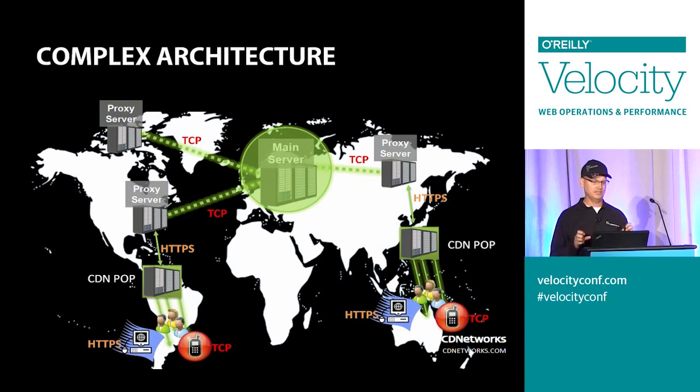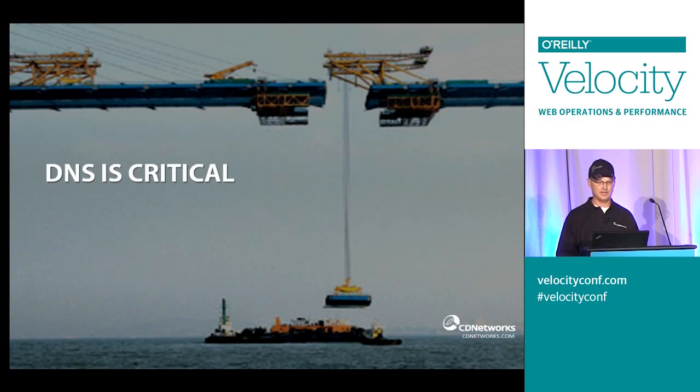So the CDN is fronting the proxy servers or the application servers, and then the end users are connecting in with everything from TCP level acceleration for applications or HTTPS for browser-based. And we're seeing this much more complex architecture coming around where customers are very interested in protecting their origin and locking down everything as much as possible.